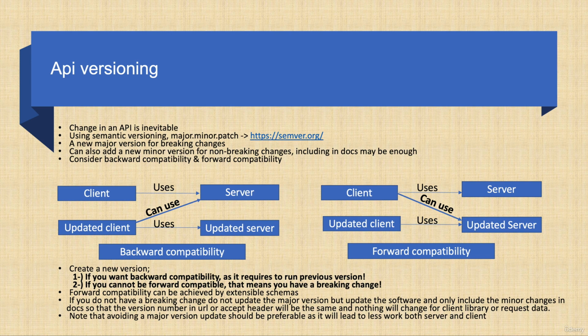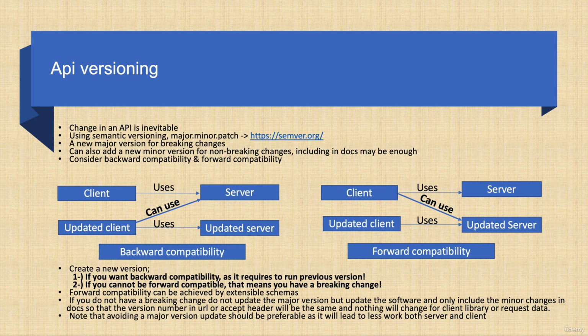So we can say that if we can avoid breaking changes and let the client work with the new server changes, for example by using extensible schemas, which is easier to implement with JSON, then we can avoid new versions.